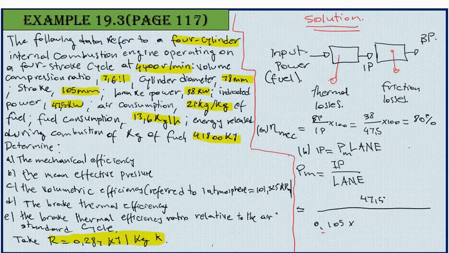So the area can be determined from the diameter. That is the diameter of the cylinder, which is given, so the area will be 0.78 squared multiplied by pi over 4.